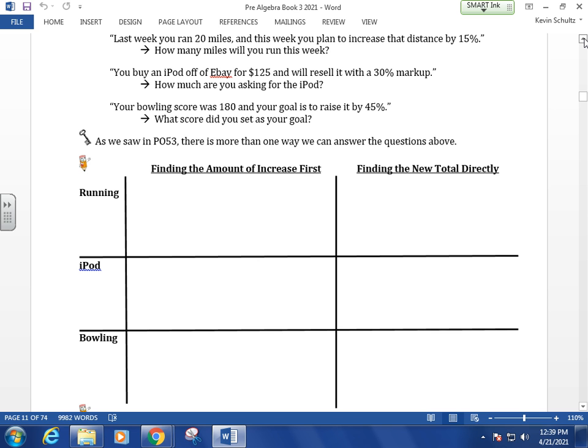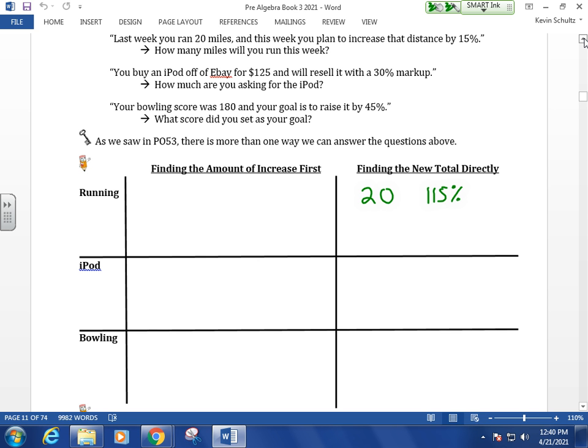There we go. Okay. So the first one, last week you ran 20 miles and this week you plan to increase that distance by 15%. So our original value is 20, right? And what we want to do here is increase this by 15%, which means that we want 115% of 20, because we want the original 20 and 15% more.